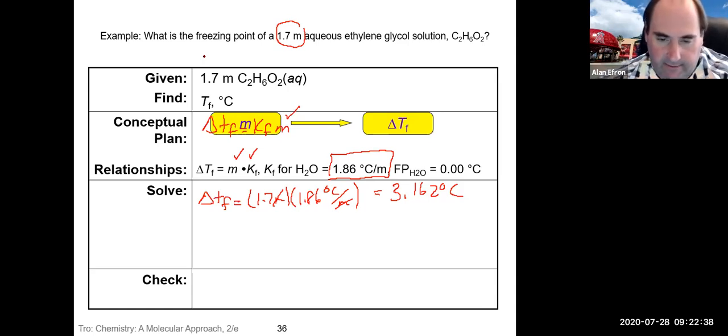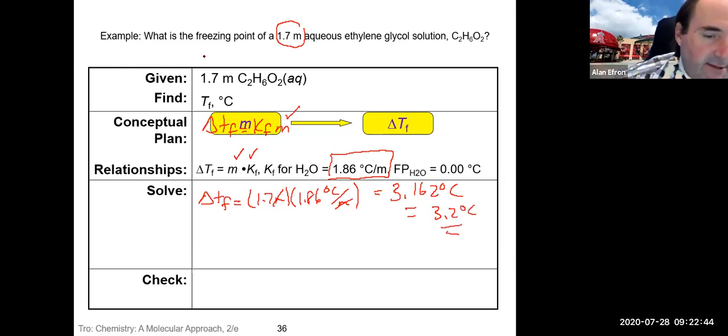We'll call that 3.2. Now, this number here is not the answer. This is the change in freezing point temperature. We're looking for the freezing point temperature.